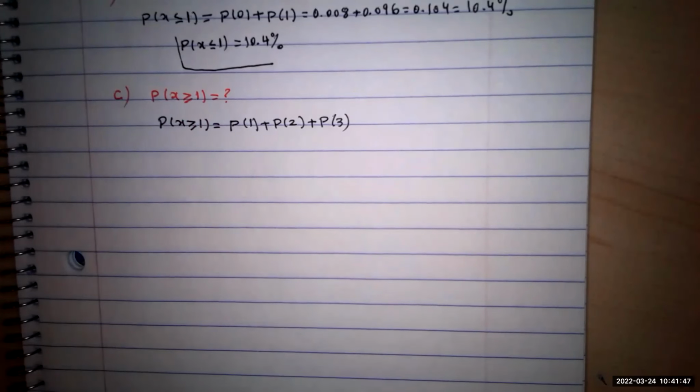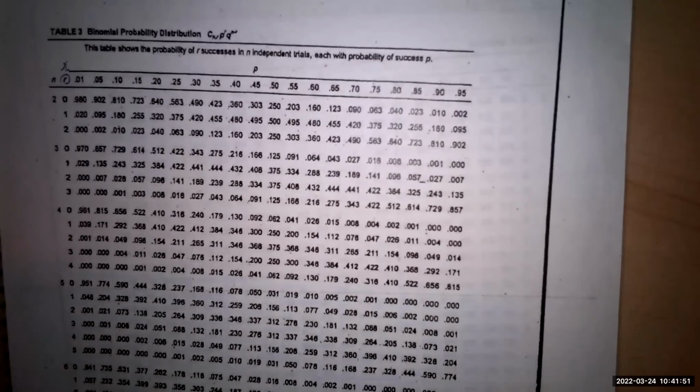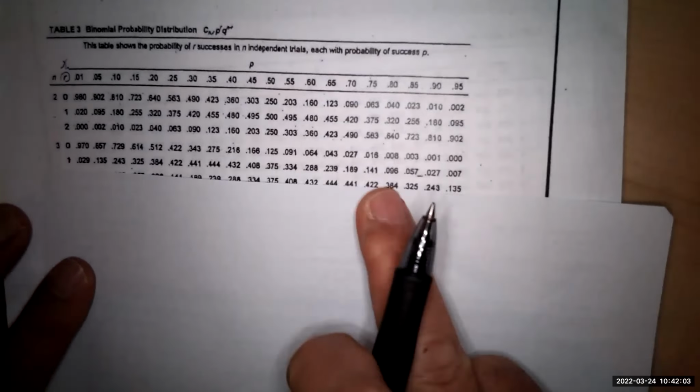Okay, again, you go to your table, easily you can find it. That was n equal to 3. You want the 1, 2, 3. You see, this is going to be 1, 2, 3. That's it. In the case of the 1 it is 0.096, in the case of the 2 it is 0.384, and in case of 3 it is 0.512.